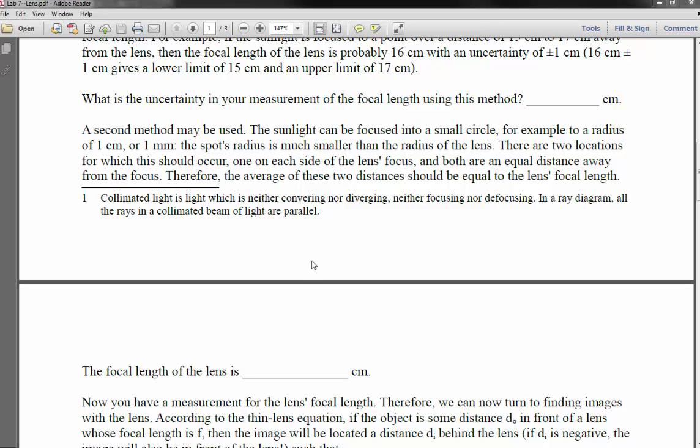It won't necessarily be in focus, but you should see a bright circle of some size. So what you do is you pick a size, maybe an inch, for example. Your magnifying glass is 4 inches apart. You want to know, where is it 1 inch apart, or where is it 1 centimeter? So you mark the 2 places where you push your screen to get that.